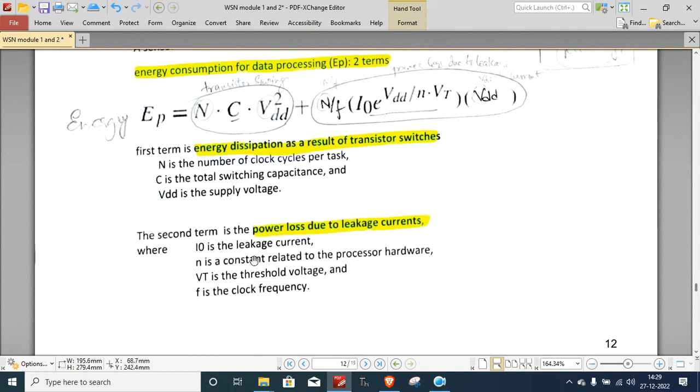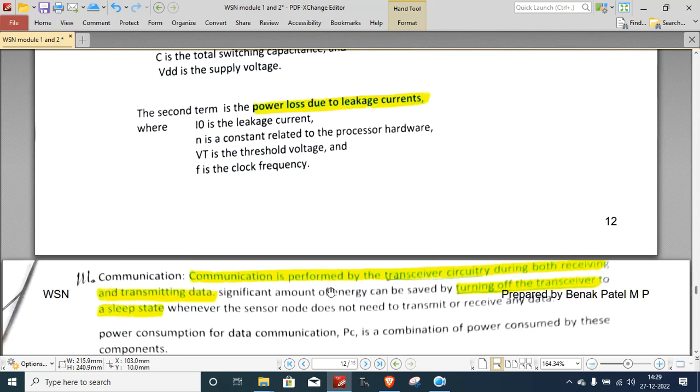And n is a constant related to the processor hardware, Vt is the threshold voltage, and F is the clock frequency.